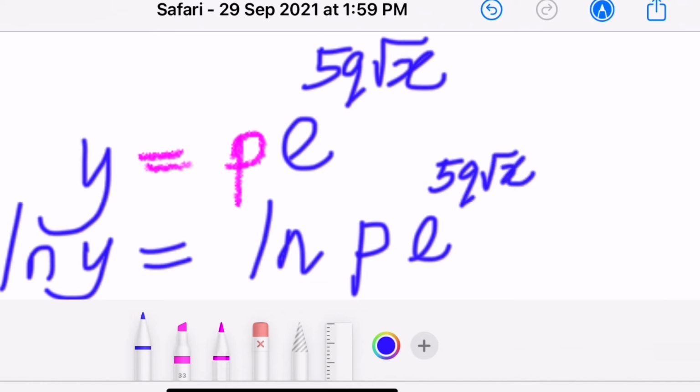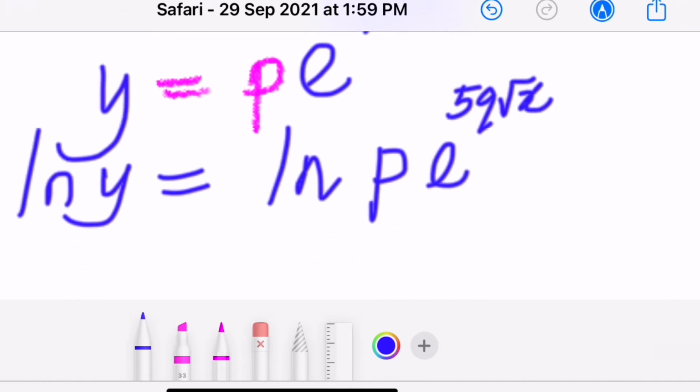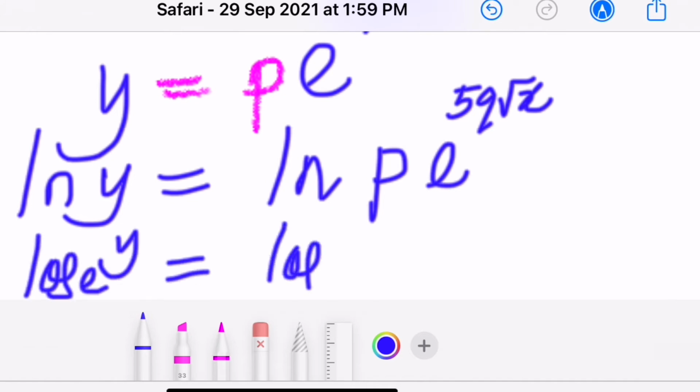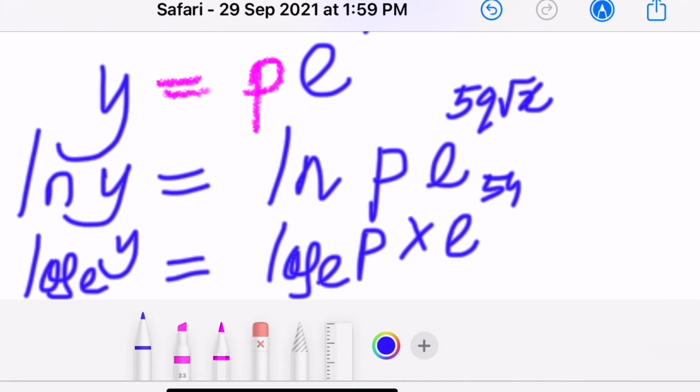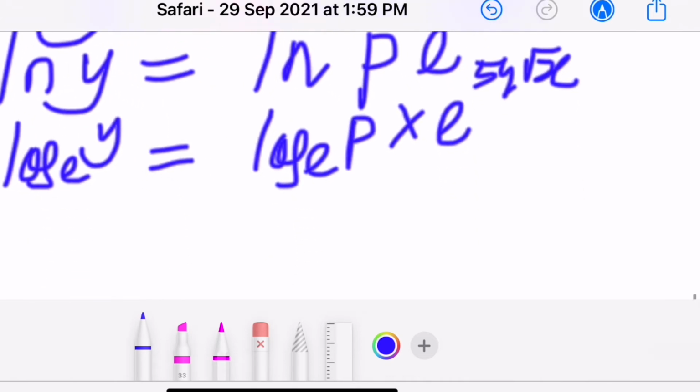You can write it like this: log e y equals log e p times e to the power 5q square root x. Good. You can see the base there is log base e. Log base e y is ln y.